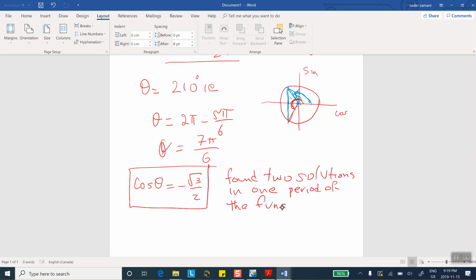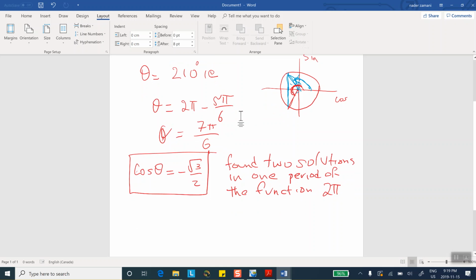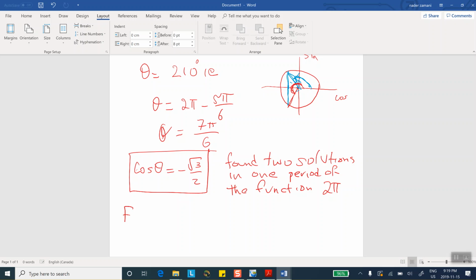And I want to remind you that the period of the function is 2 pi. Therefore, if I want all solutions, what you say is theta equal to whatever you got.